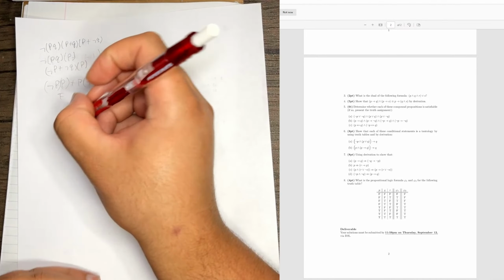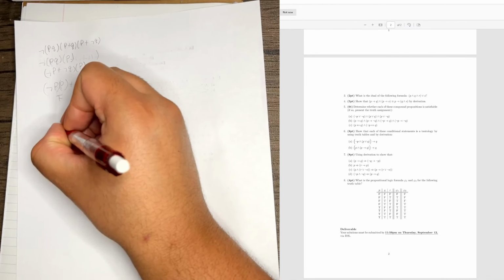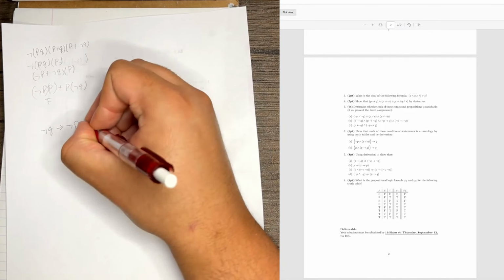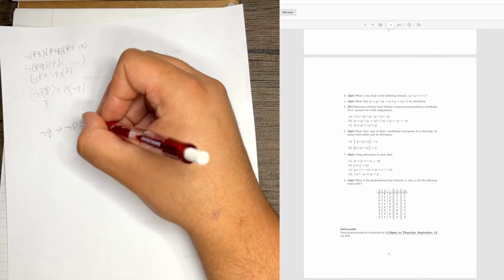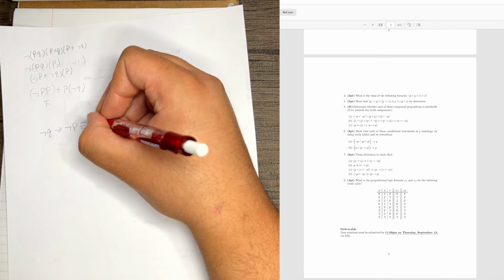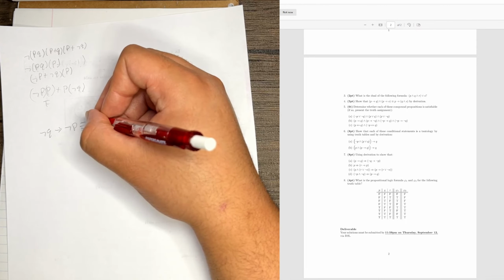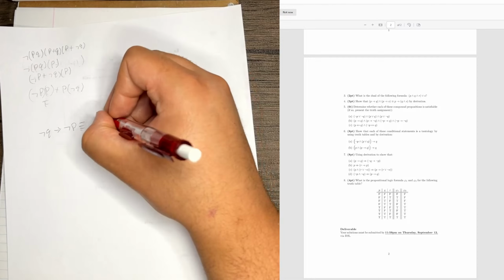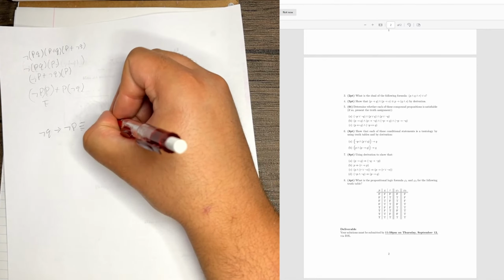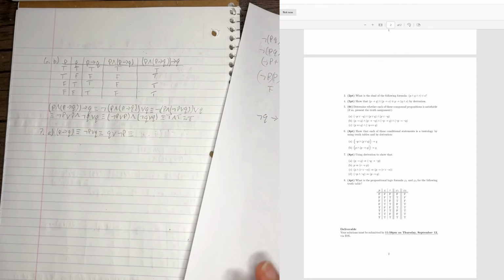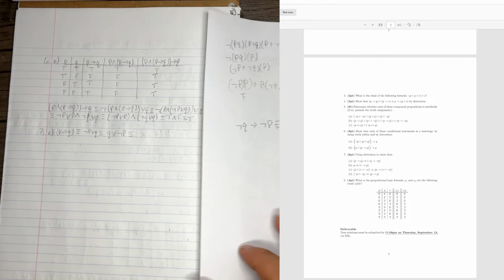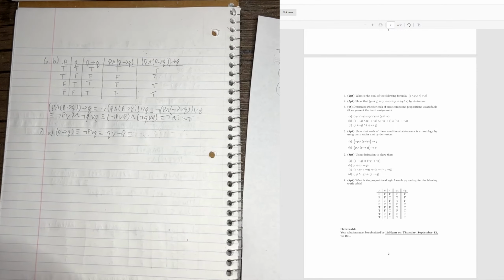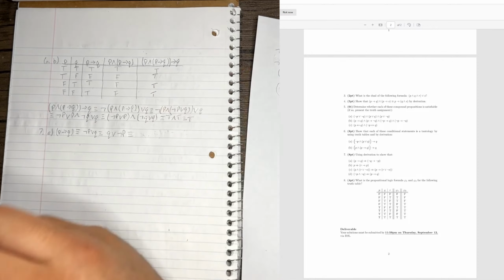Our end goal, we need it to be not Q into not P, which is equivalent to Q or not P, which is actually what we have, isn't it? Yeah, that's exactly what we have.